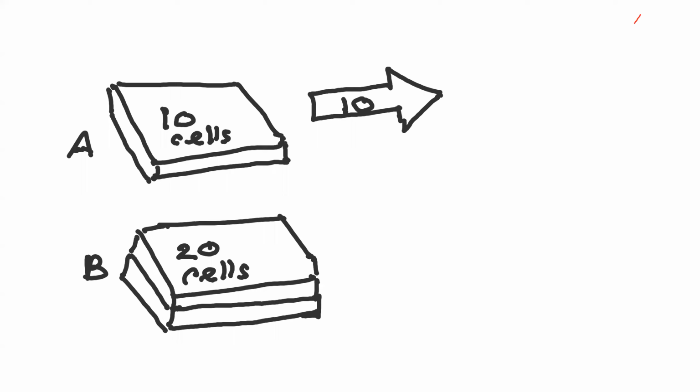Right? Then when there are 2 cell layers, the magnet force goes stronger than A. In B, the magnet force is stronger than A. That means the magnet force we can classify as 20. Yes, 20. This is for example.